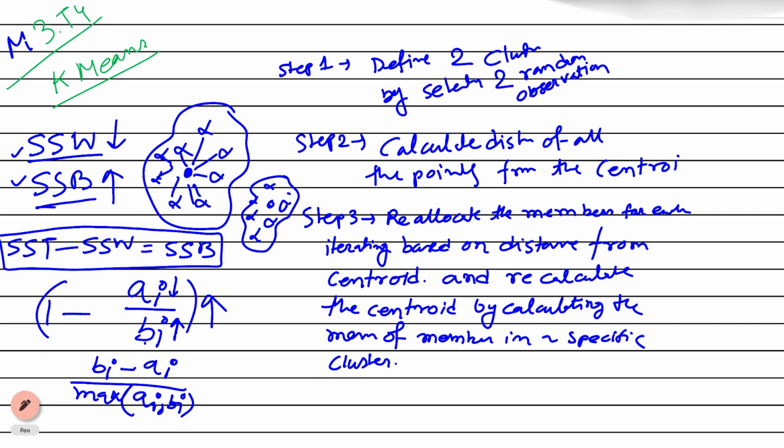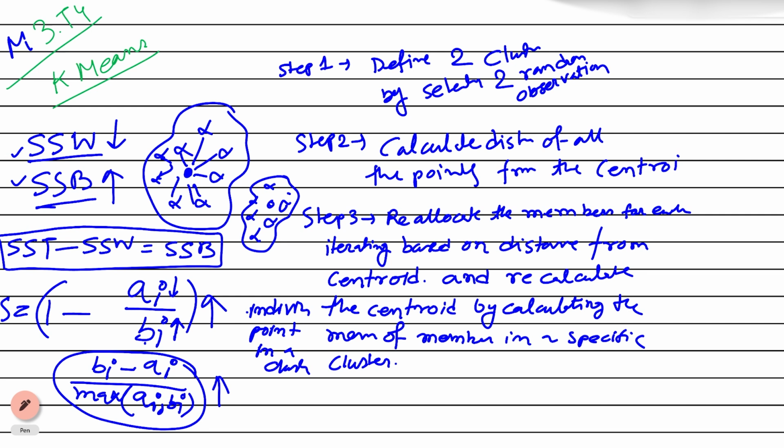So this is the Silhouette score for an individual point in a cluster, and this is for the overall cluster that you can calculate. Here also you should have a higher value, because I want all the points to be apart from the nearest clusters and near to their own cluster.